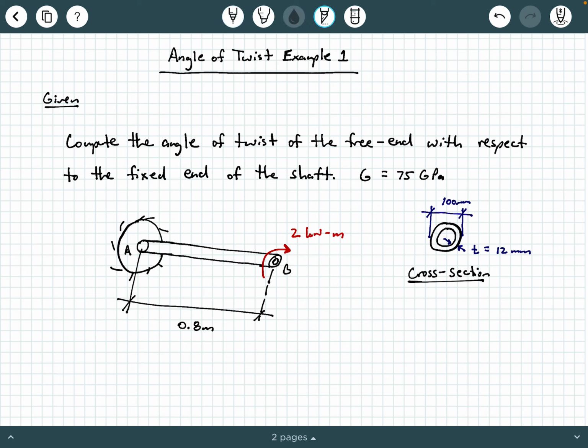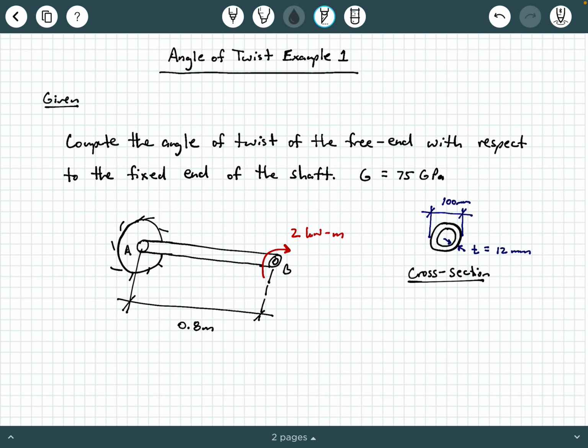In the given information, we're being asked to compute the angle of twist of the free end with respect to the fixed end of the shaft. We're also told that the shear modulus of the material the shaft is made of is 75 gigapascals. The shaft has a fixed end at A and a free end at B, and at that free end we have an applied torque moment of 2 kilonewton meters.